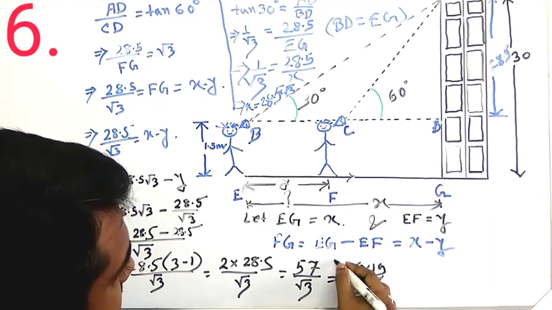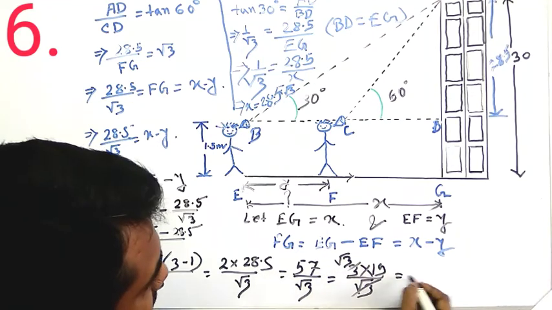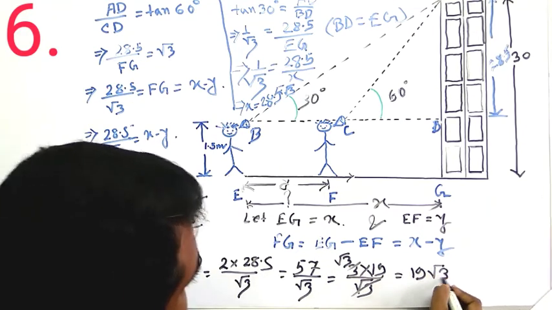After simplification, it will be 19 root 3.